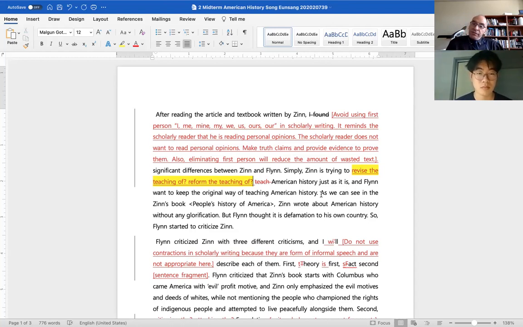Now, of course, Zinn would point out that this book is only used typically in advanced classes in high school and in college. It's not used in first grade, with 6-year-old children in the United States. Students and everybody learn about the positive, exceptional nature of America from the time that they're born.